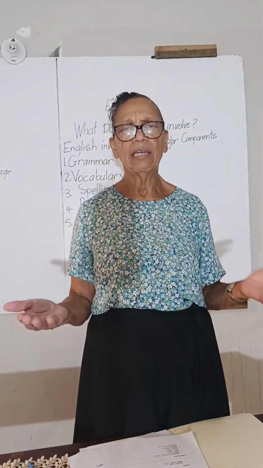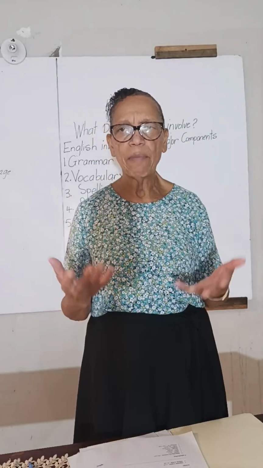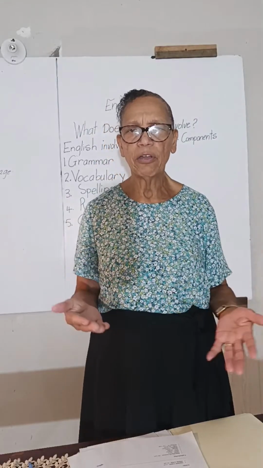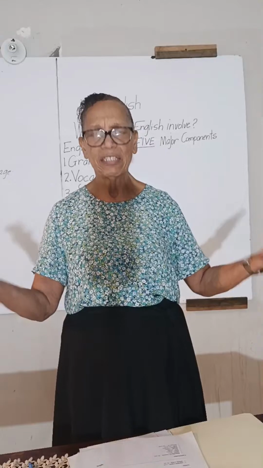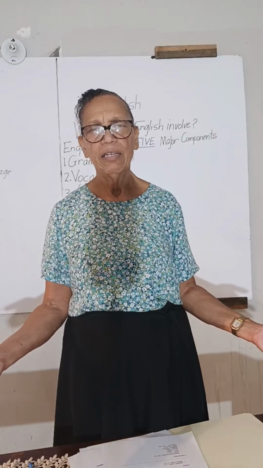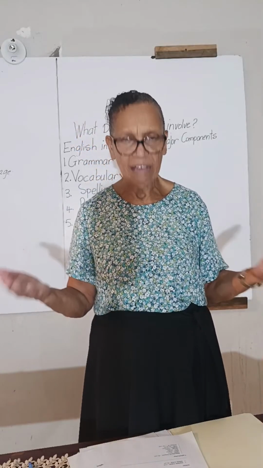That's basically it. So when you do grammar, and spelling and vocabulary, your ultimate aim is to be a better writer, right? That's basically what it's asking you to do.